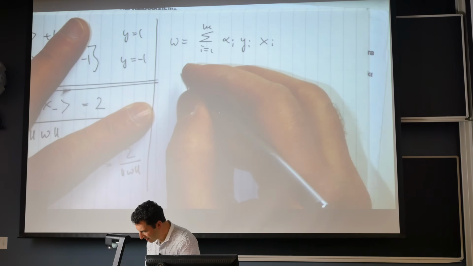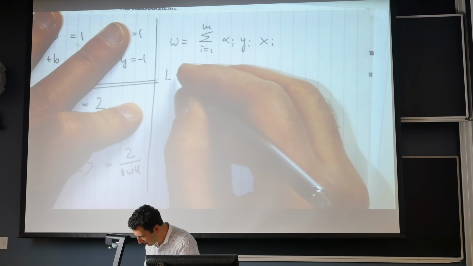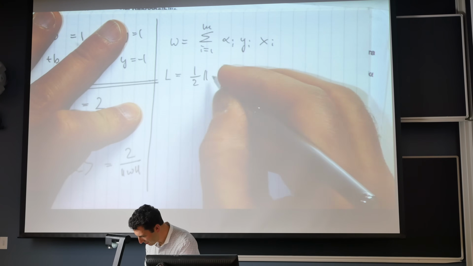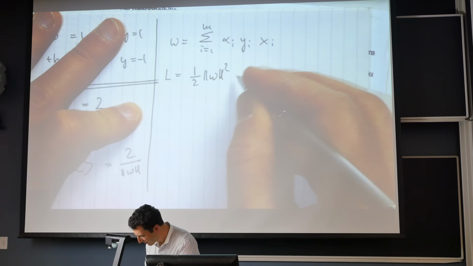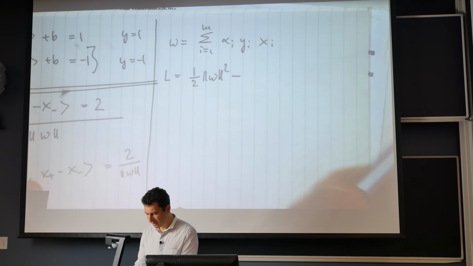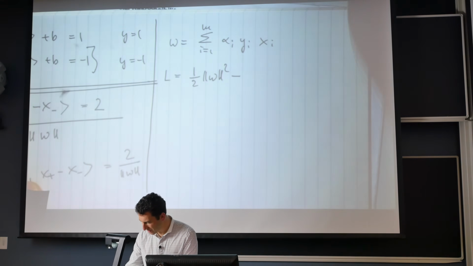Now, this means that L can be written as 1/2 norm of W squared minus, and now I'm going to accumulate all those terms here in the first half of that sum, and I can realize that this is actually nothing else than W.